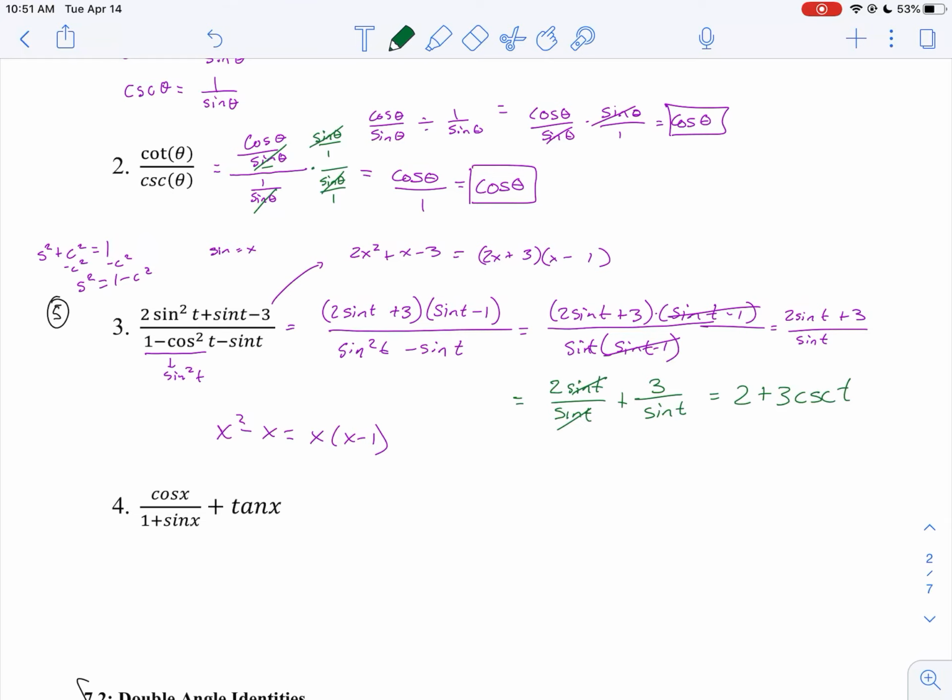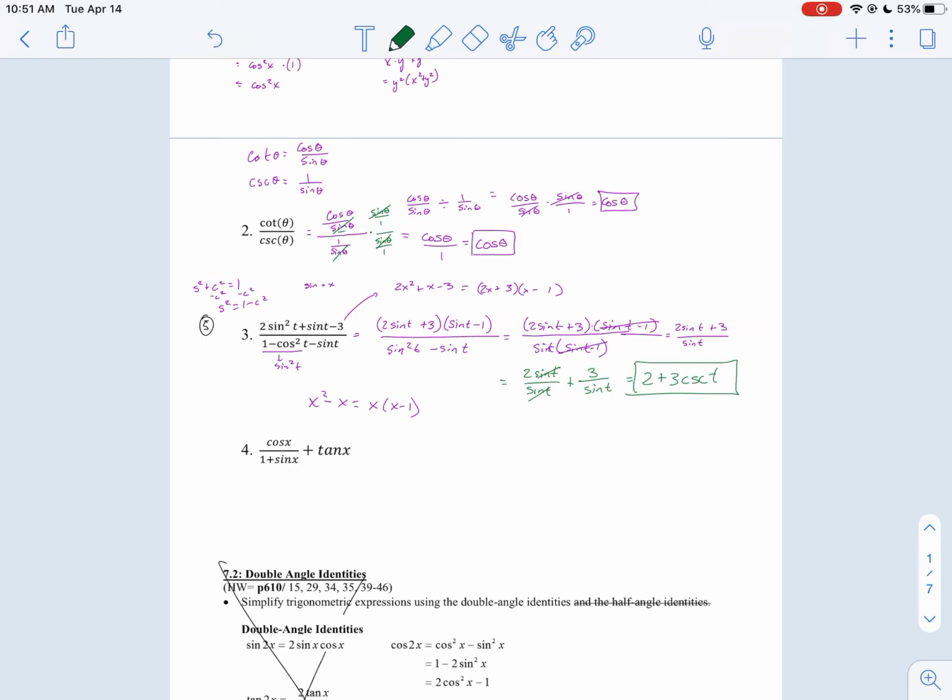What's the 1 over sine t's reciprocal? It's cosecant t. So I can think of this as 3 cosecant of t. And this is the best answer, the final answer, because it's clearly more simple even than this. Now, there's cases where you might prefer to work with this, and that's fine, but that is really kind of all the way through the best simplifying.